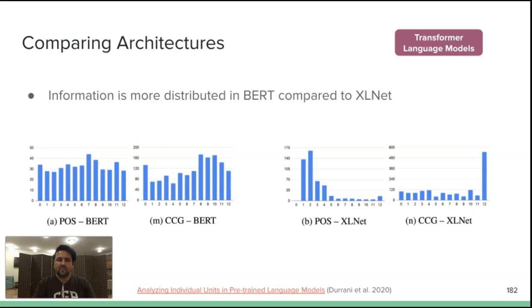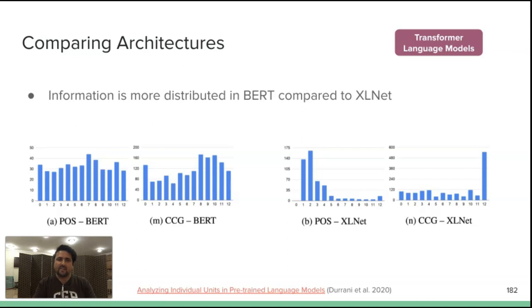The spread of neurons allows us to compare different architectures. Here the authors found that although BERT and other transformer models require roughly the same number of overall neurons to carry different linguistic tasks, the neurons are spread differently across the layers. For example, the information in BERT was found to be more distributed than XLNet, where it seemed to be localized to specialized layers.